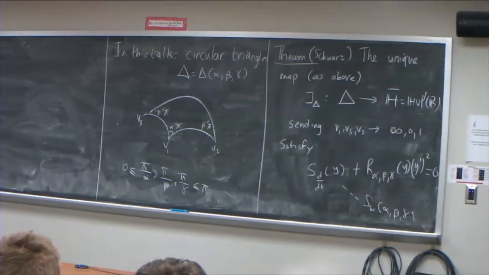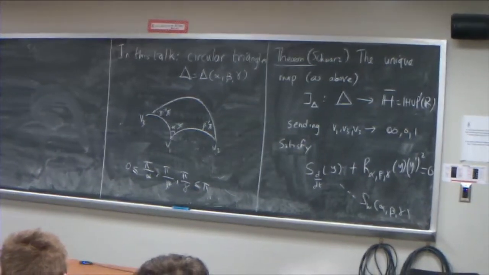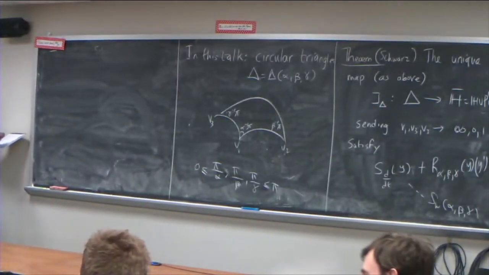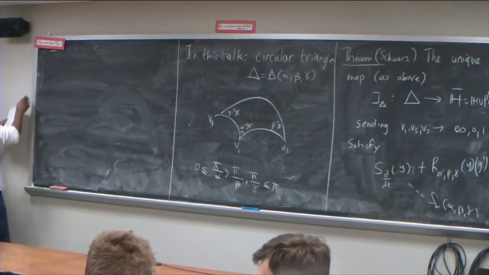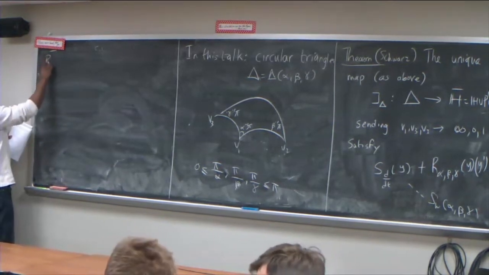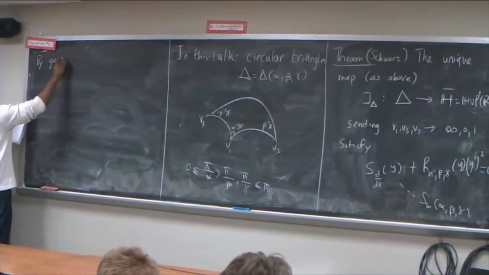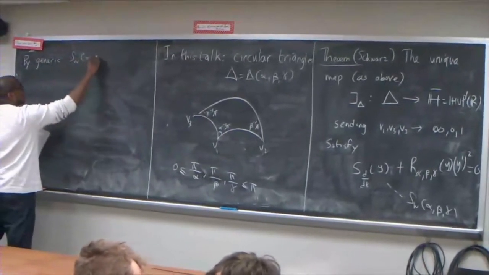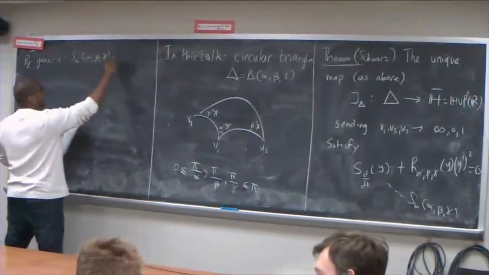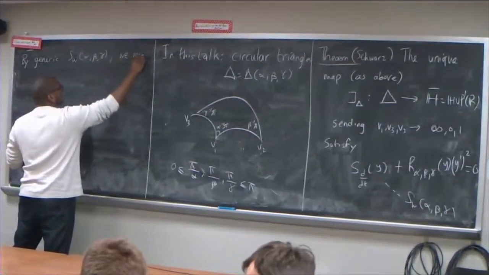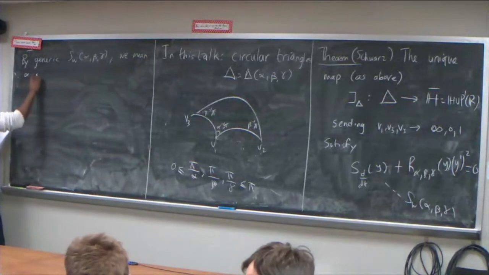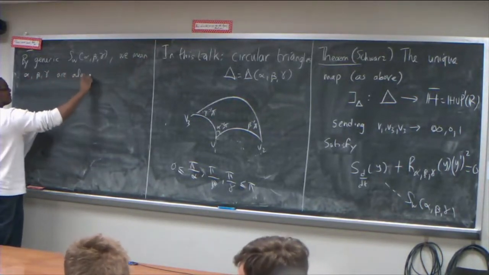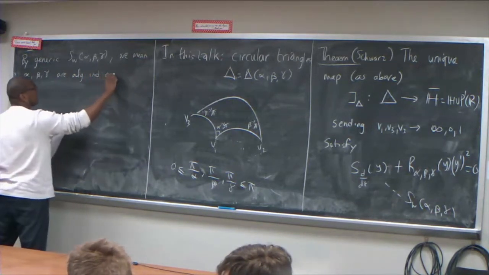What we want to look at are the generic parameters. By generic, I mean that alpha, beta, gamma are algebraically independent over Q.